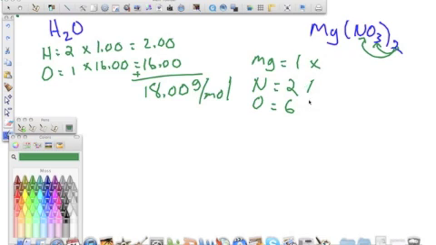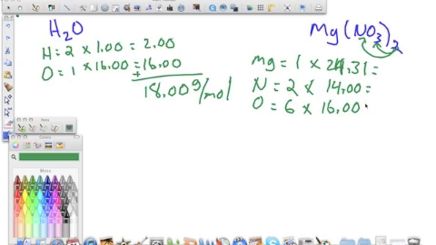And we just multiply that by their atomic masses. The periodic table, magnesium has an atomic mass of 24.31, and nitrogen has an atomic mass of 14.00, and oxygen has an atomic mass of 16.